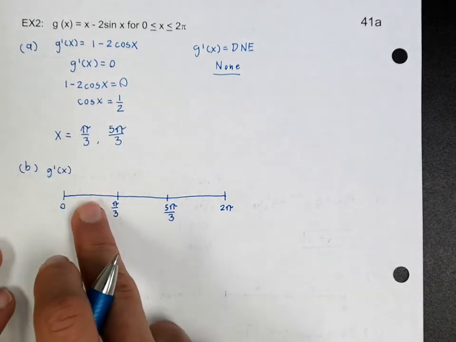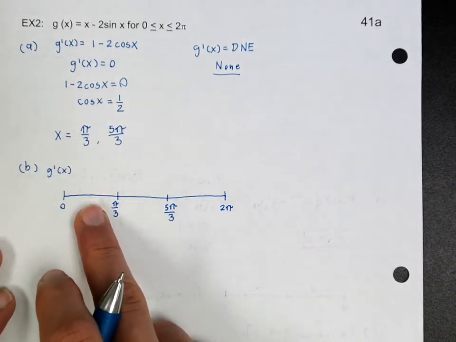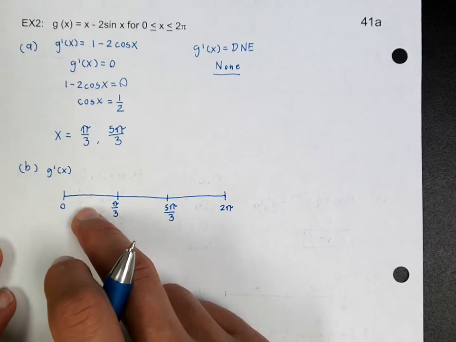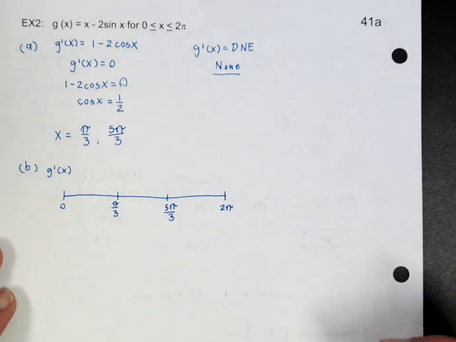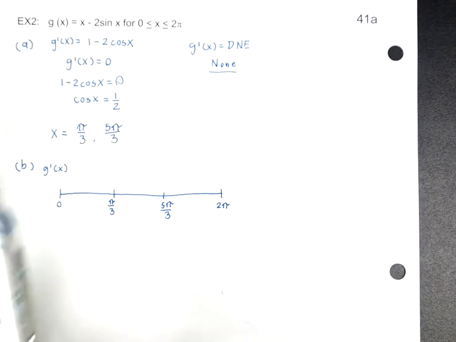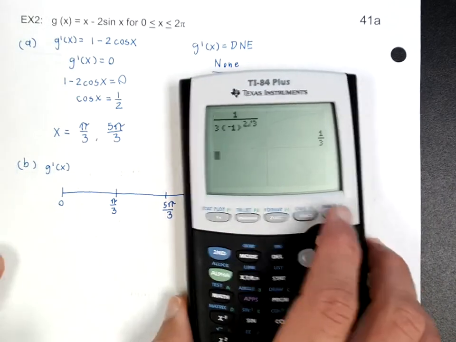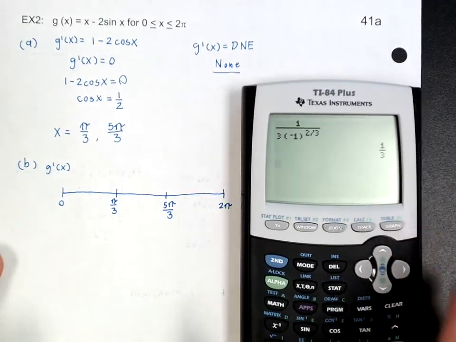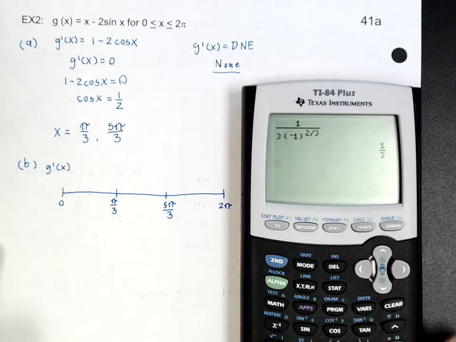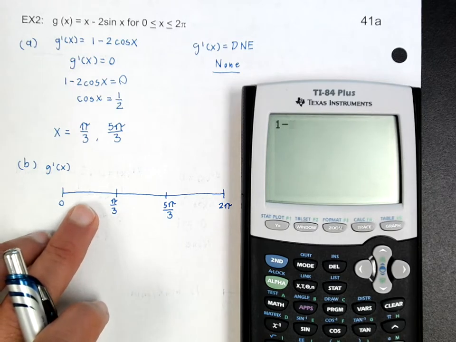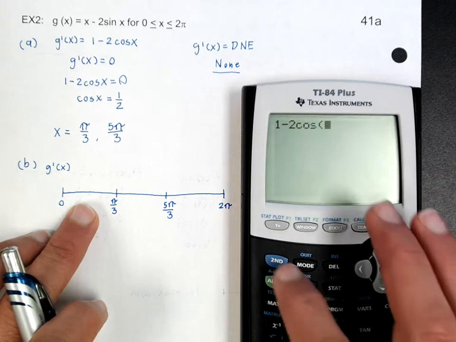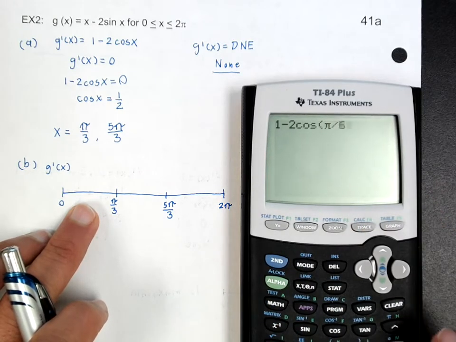So if you think of something like pi over 4, for example, this is just an exercise for you. I'm going to use the calculator, but you shouldn't have to. I'm just doing this for the ones watching this on video. If I pick something like pi over 6, I would have 2 cosine of pi over 6.